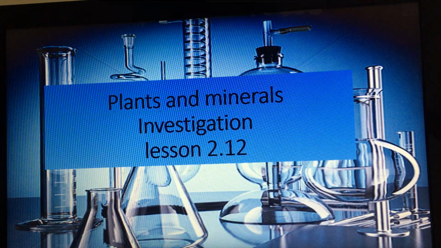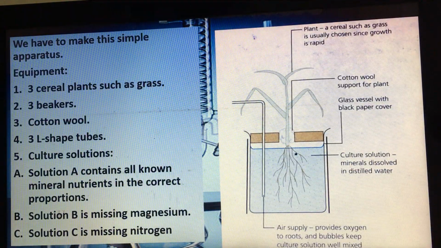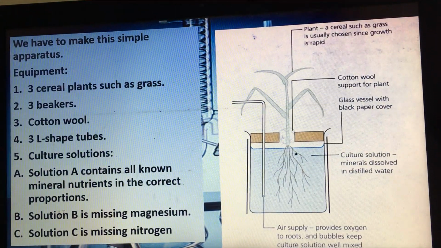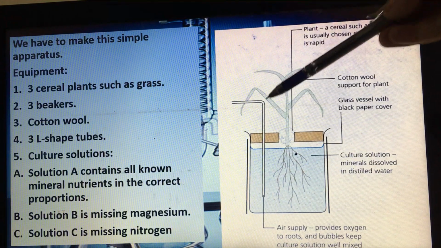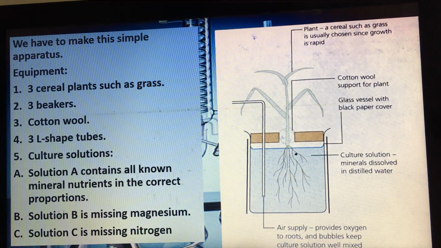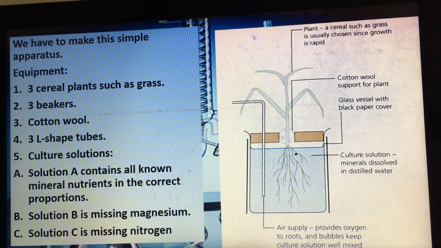So, to make this investigation, we have to make this simple apparatus. If you notice here, we need an air supply, which is L-shaped tubes.